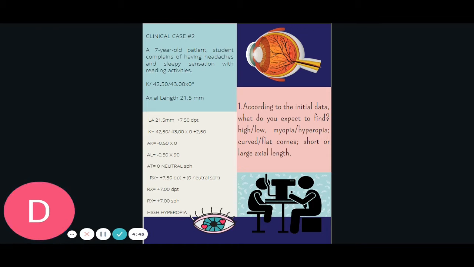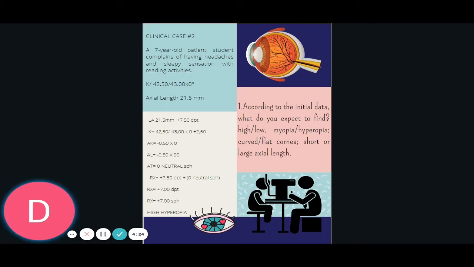Point number 1. According to the initial data, what do you expect to find? High or low myopia or hyperopia, and curved or flat cornea, and short or large axial length? Answer.